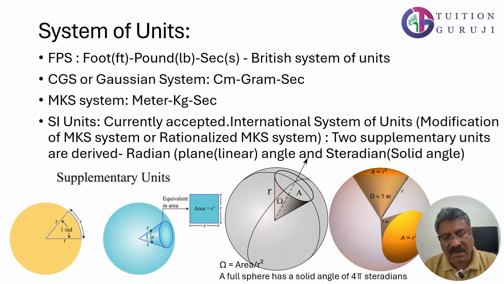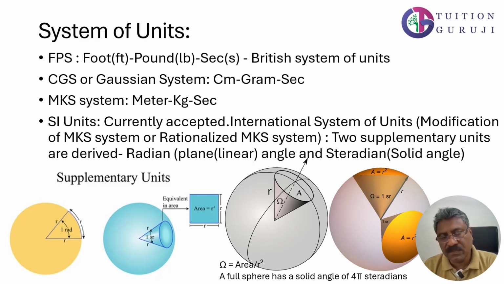When the arc length is equal to r, then arc length divided by r is equal to 1, and it is 1 radian. 1 steradian is the solid angle. 1 steradian is equal to surface area divided by the square of the radius of the sphere.